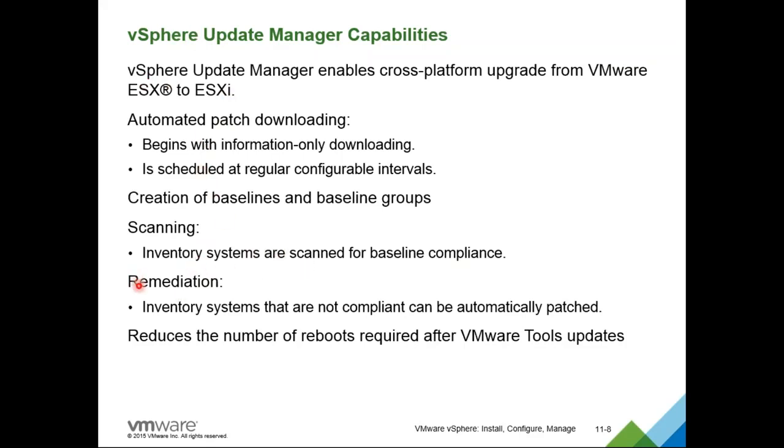Okay. Then remediation: inventory systems that are not compliant can be automatically patched. Whenever you do the compliance check and a system is not compliant, it can be automatically patched using your vSphere Update Manager.